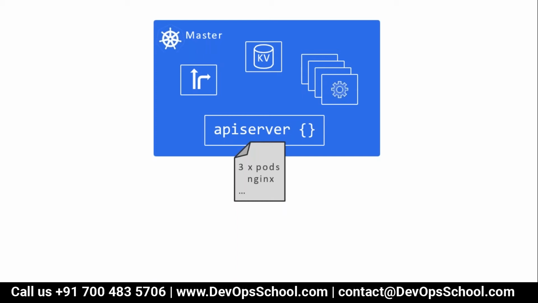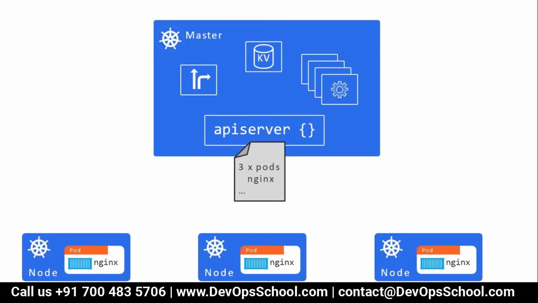The moment you send your desire, you get the 3 pods. How did you get it? I think you know, but I will repeat one more time. You have a desire: I want 3 pods of Nginx in my cluster. You declare it in YAML or JSON, send it to the API server, and the API server stores it in the KV store, which is etcd.